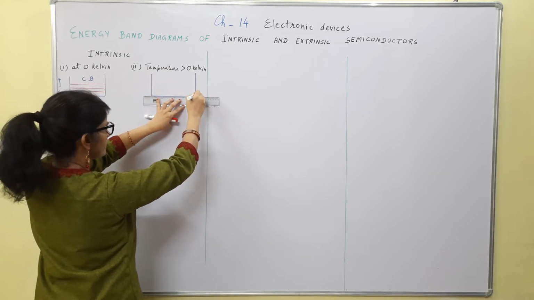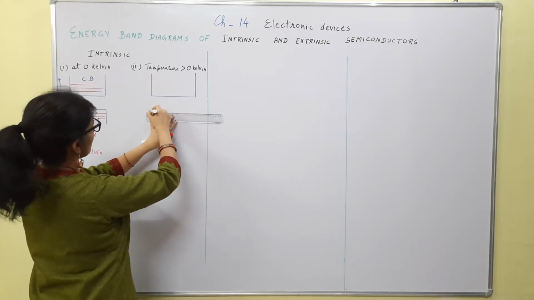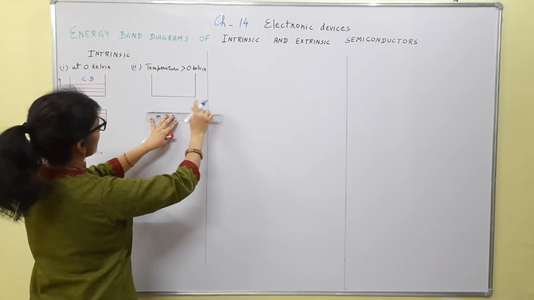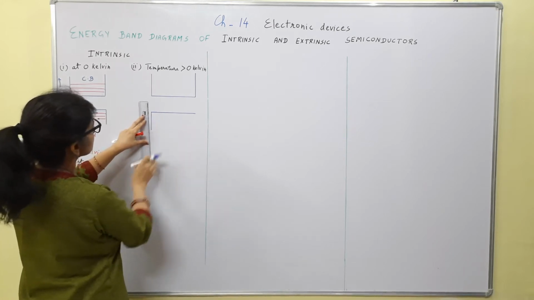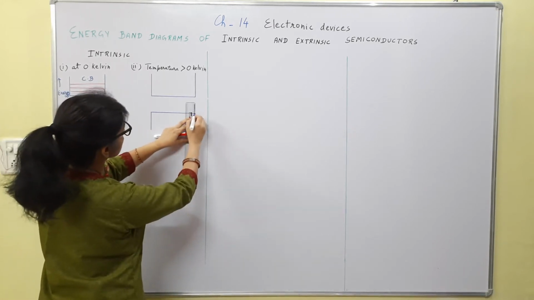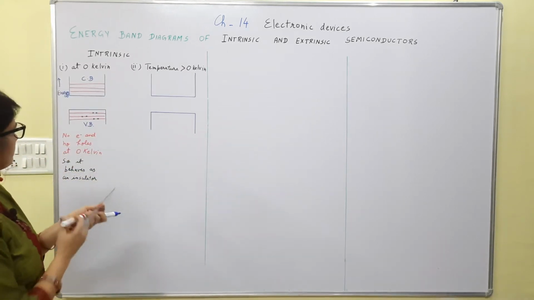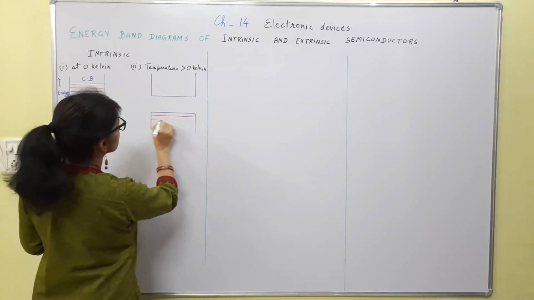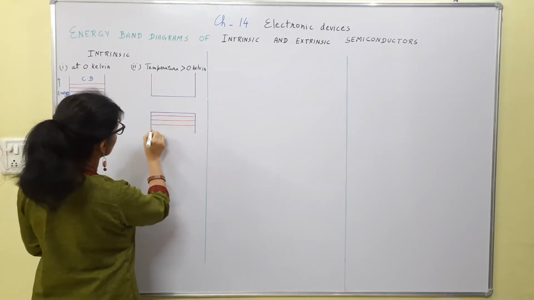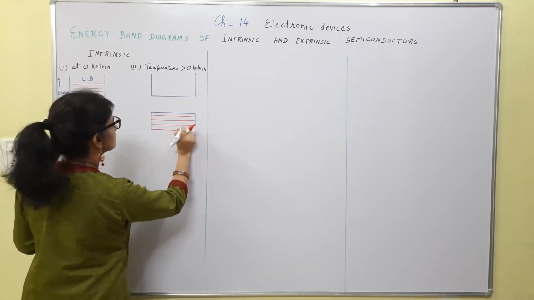So what will happen if we see the energy band diagram? In the energy band diagram, here these are closely spaced energy levels in the valence band.